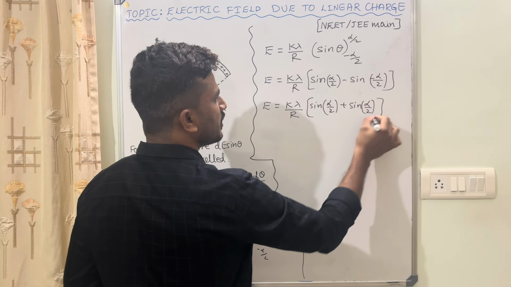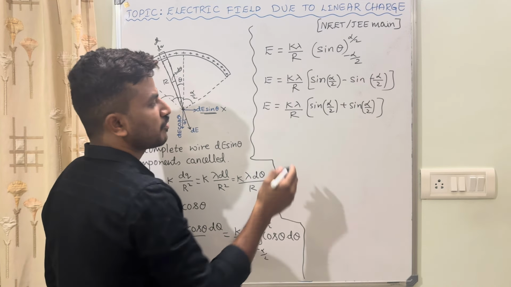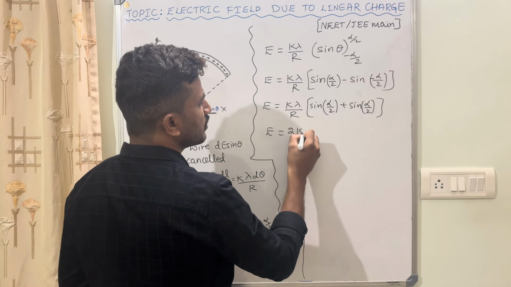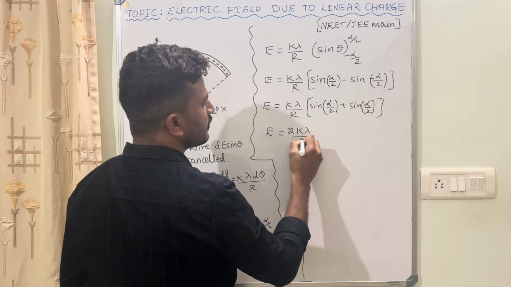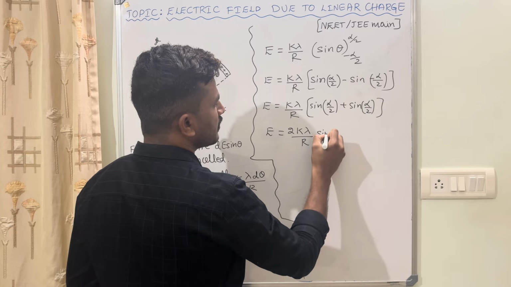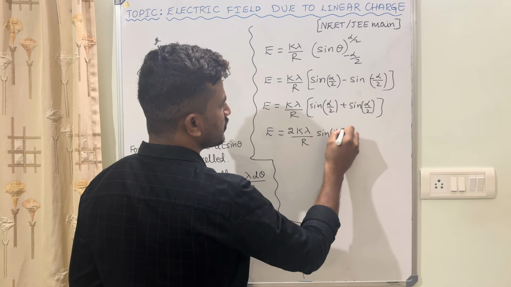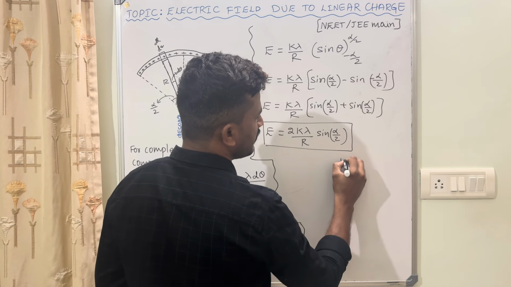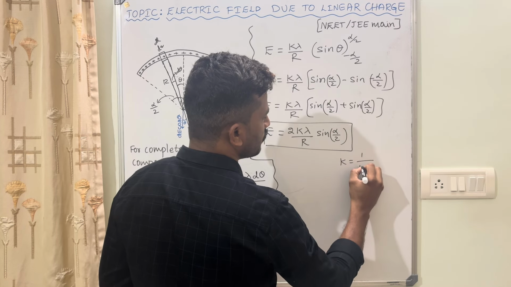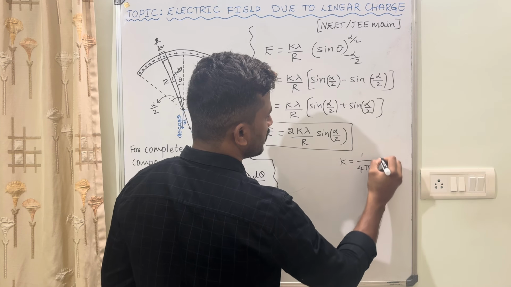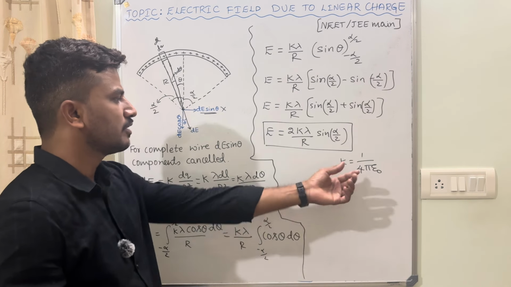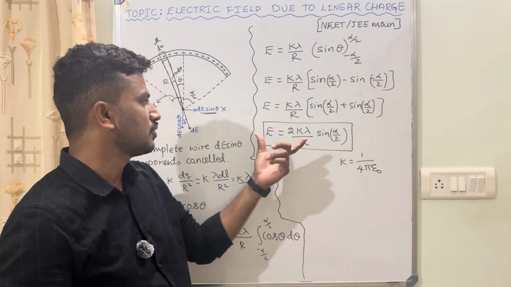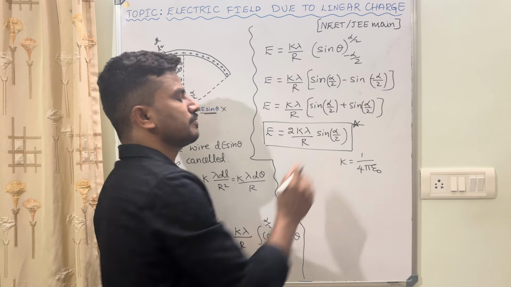So you will get sin alpha by 2 plus sin alpha by 2, 2 times sin alpha by 2. So E is equal to 2k lambda divided by r sin alpha by 2, where the value of k is 1 over 4 pi epsilon naught. If you have a dielectric medium, you can substitute that also, epsilon r. So this is the standard formula.